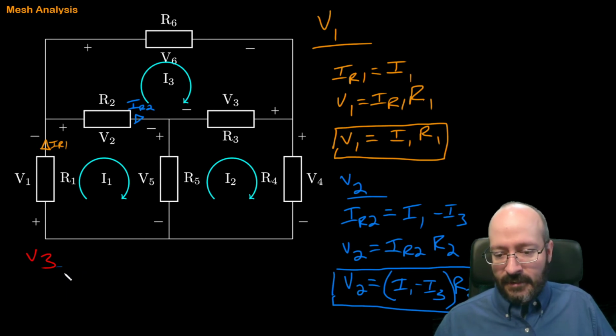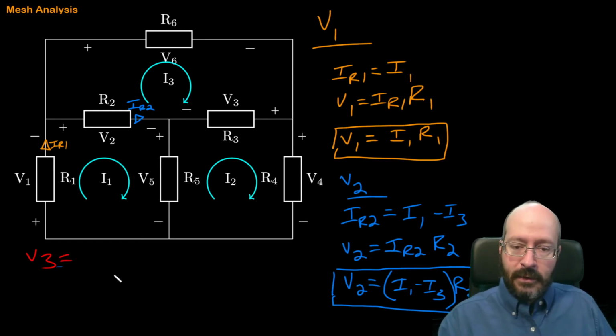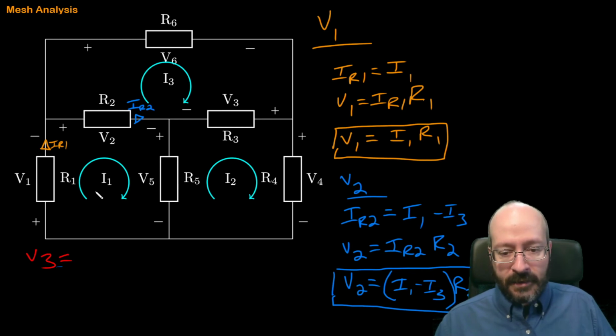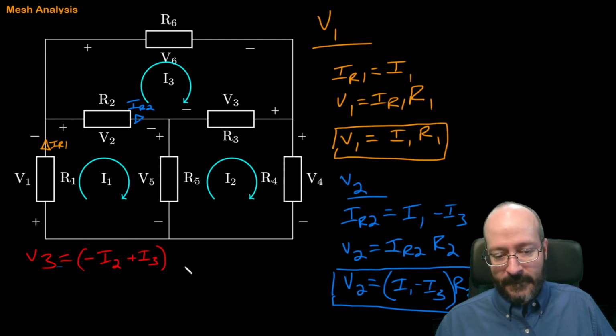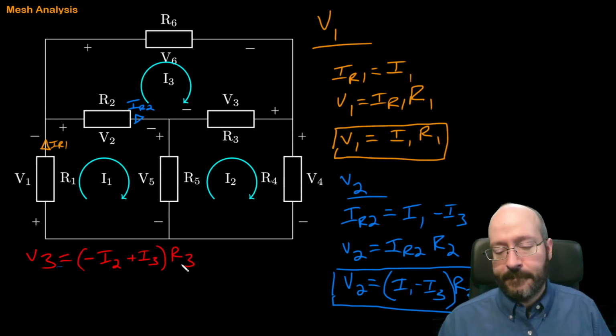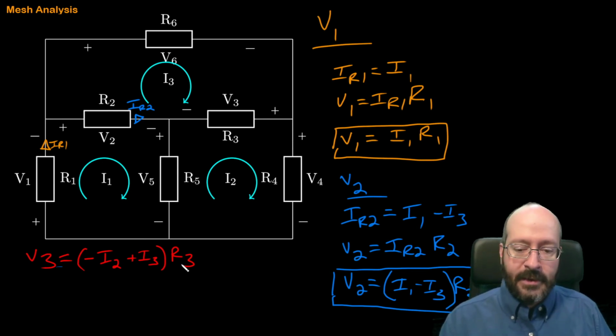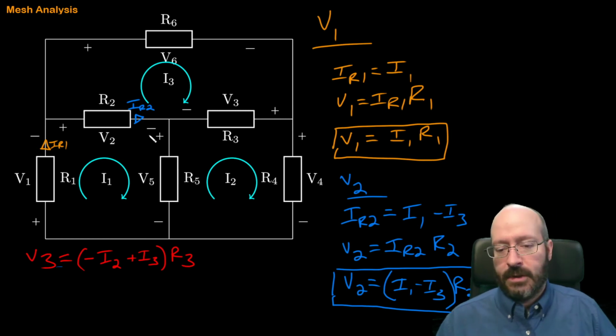I can say, you know what, let's just say V3 equals, okay, well, it looks like I1 doesn't touch V3, I2 does, and it flows in the negative direction, okay, negative I2, and I3 touches it, and it flows in the positive direction, so it's going to be plus I3, okay, all of that times R3, and that's the voltage across R3 if I know what the resistance is and the mesh currents.